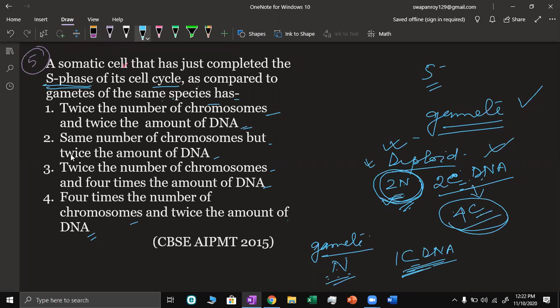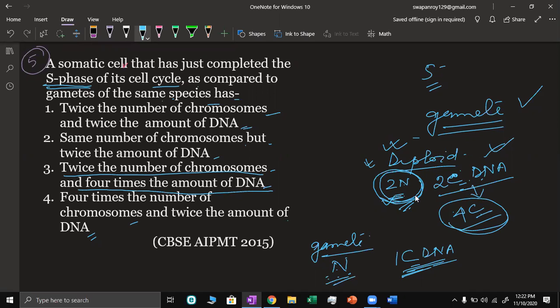So it is twice the number of chromosomes and 4 times the amount of DNA.